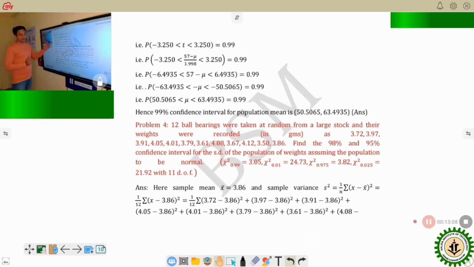So this is the same problem we discussed, and if sigma is known for the population, then it will be z equals x bar minus mu by sigma by root n.